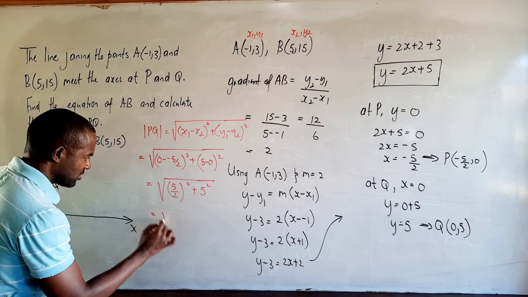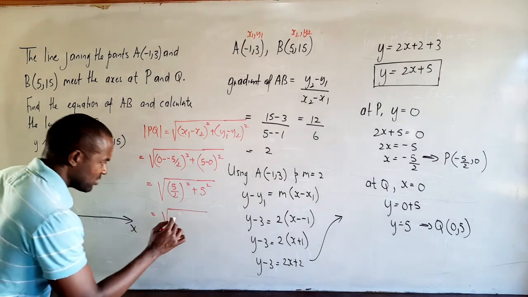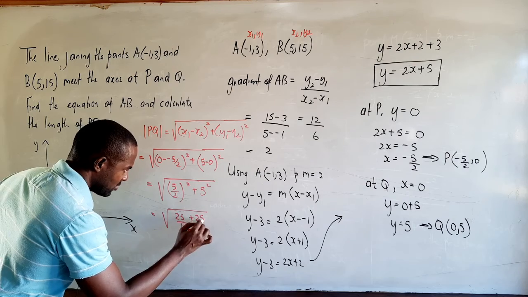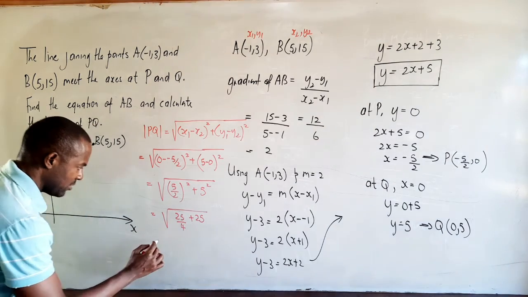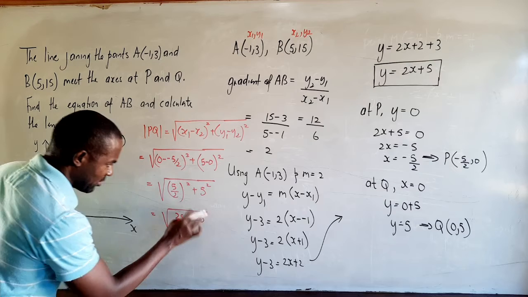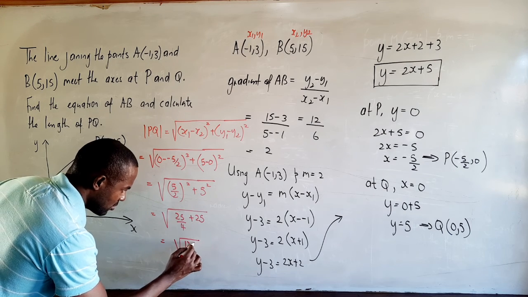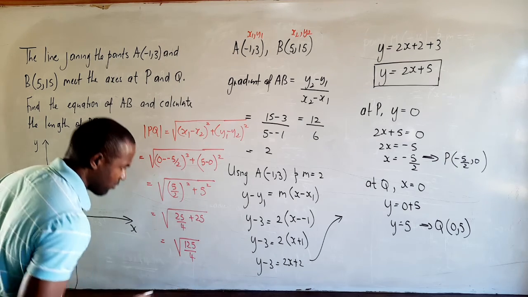This gives us 25 over 4 plus 25, which is the same as 100 over 4, so the root of 125 over 4.